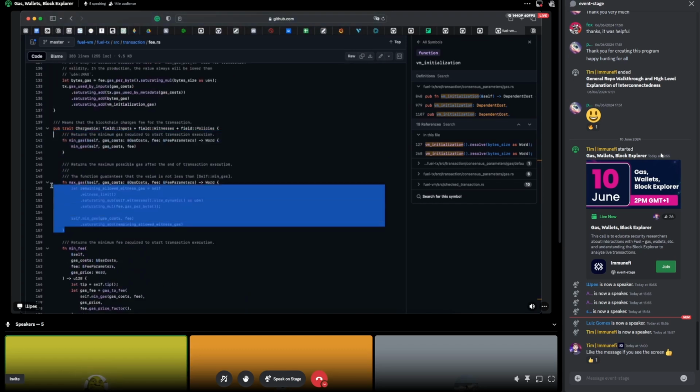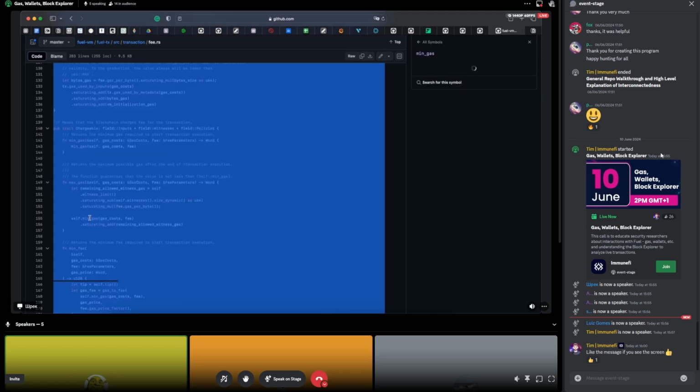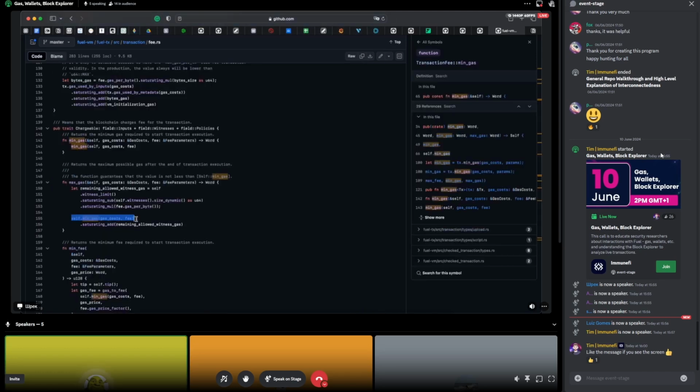And max gas is minimal gas plus some additional dynamic data. For example, during the previous call we discussed that witness is a malleable field. Malleable means that it can change during the life cycle of your transaction. Anyone can specify a witness limit for your transaction, meaning how big the witness can be.